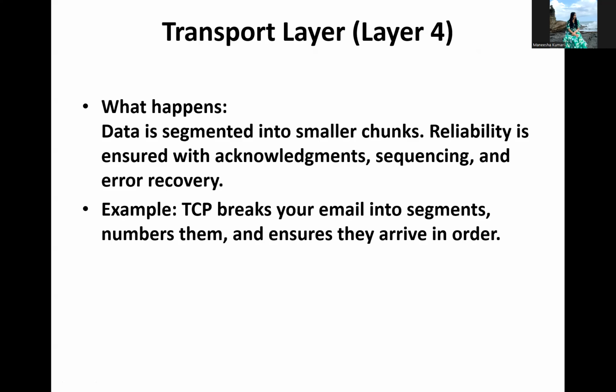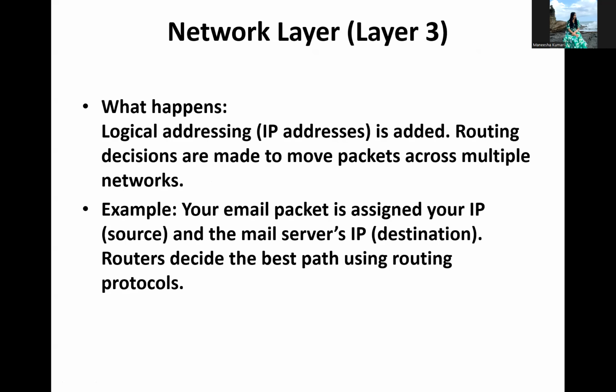So let's move on to the next layer, which is layer 3, the network layer. What happens at this layer? Logical addressing happens, so the IP address comes into the picture in this layer.